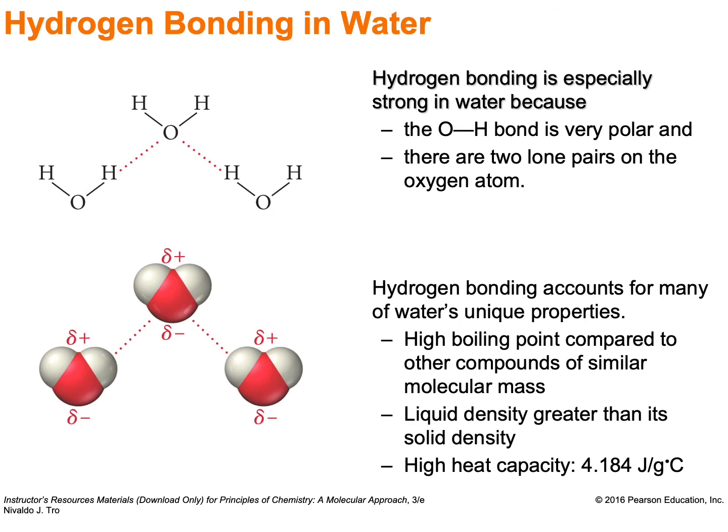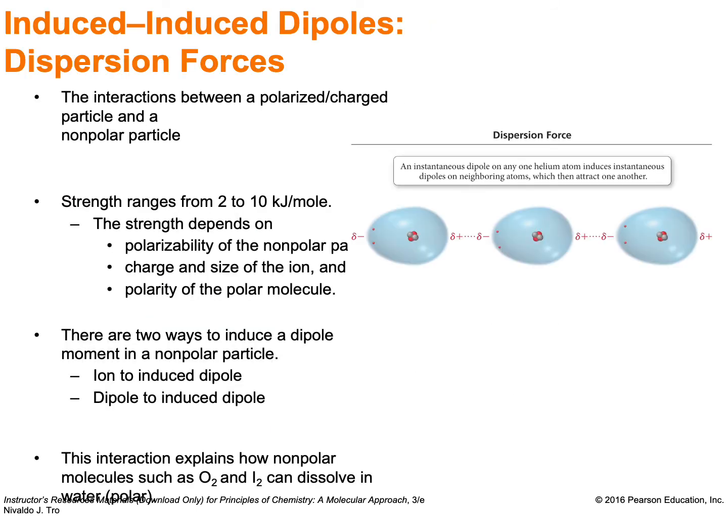A very weak intermolecular force is called induced dipoles, or dispersion forces. They take place between a polarized and charged particle and a non-polarized particle. These are temporary dipoles, and they exist typically in nonpolar particles, as in the image to the right, which is that of a helium atom.